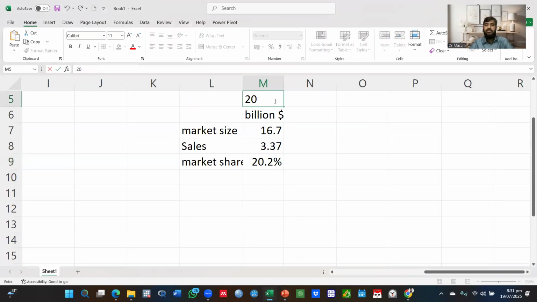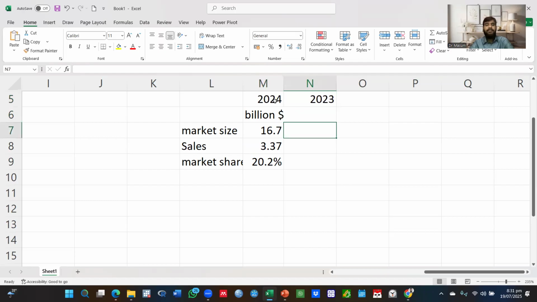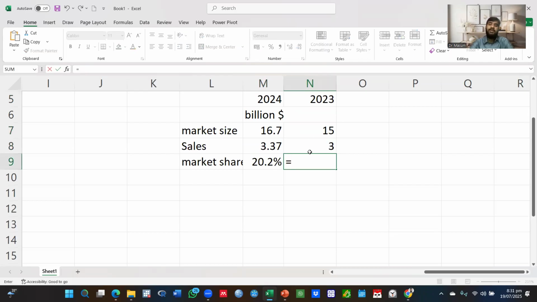It is 2024. And in 2023, the total market was 15 billion and your sales was 3 billion. So what was your market share? Your market share was 20%.